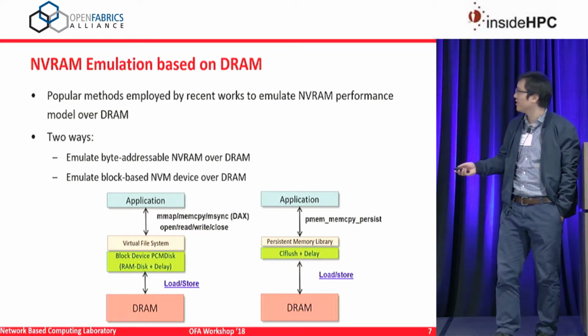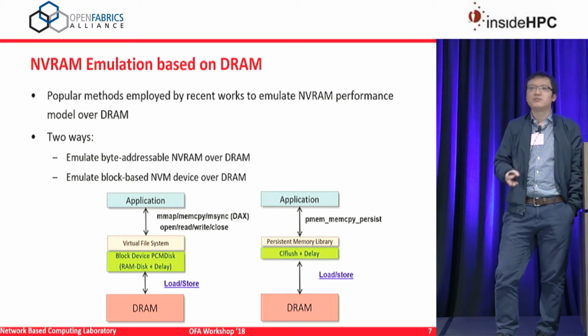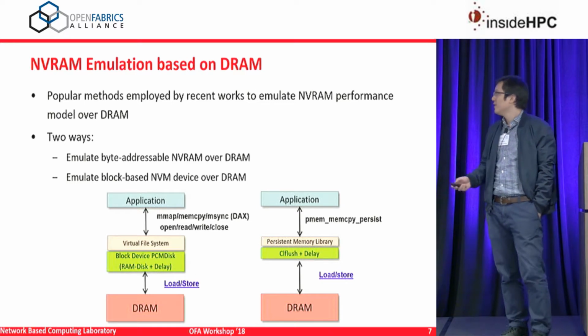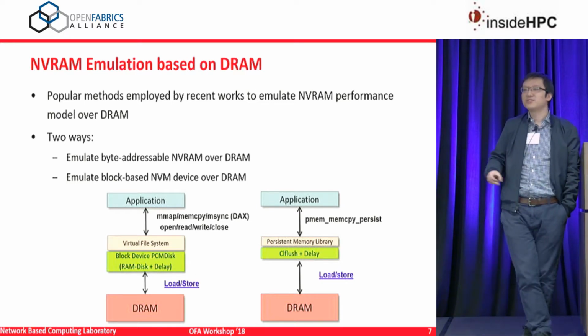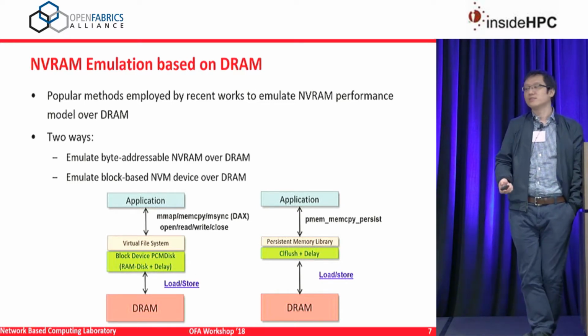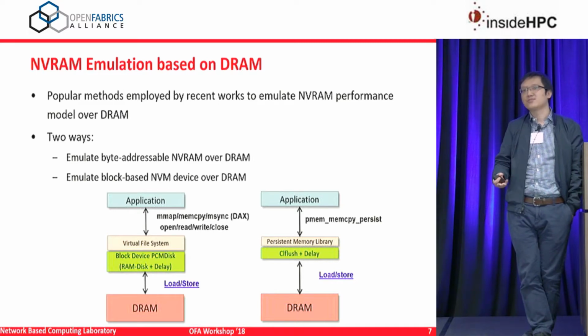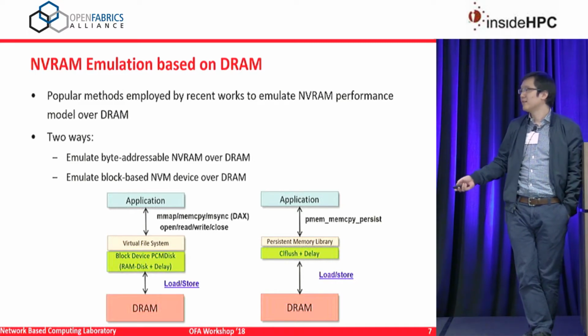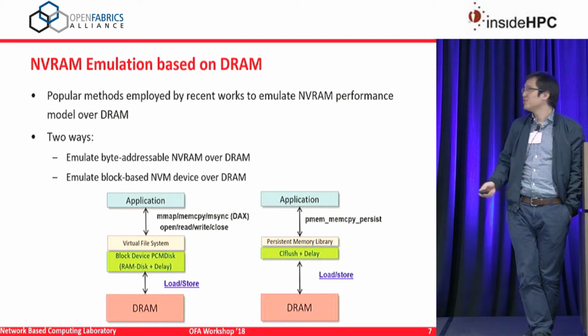If you're still new to NVM programming, this picture shows that typically there are 2 ways to use NVM. Here we just show that we are using DRAM to emulate the NVRAM, but if you have actual NVRAM, you can directly do these things. As many talks already mentioned, this is your application.